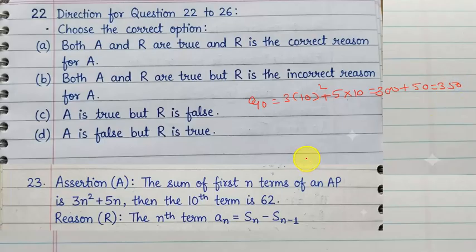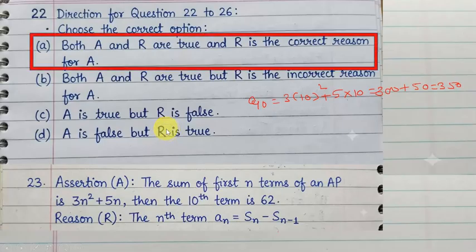What about the next? The nth term An is equal to Sn minus Sn minus 1. You can find out by using this also. Therefore, here both A and R are true, and R is the correct reason for A.